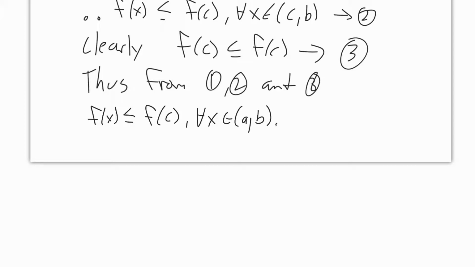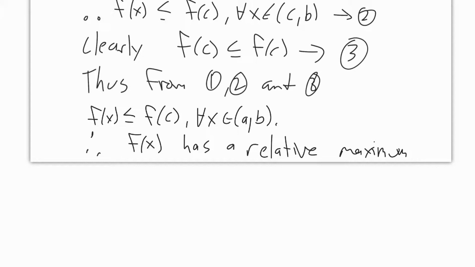Well, what does it mean for f of x to be less than or equal to f of c for all x in the interval a to b? This, of course, is the definition of the relative maximum. So therefore, f of x has a relative maximum at x equal to c. And there's our proof.